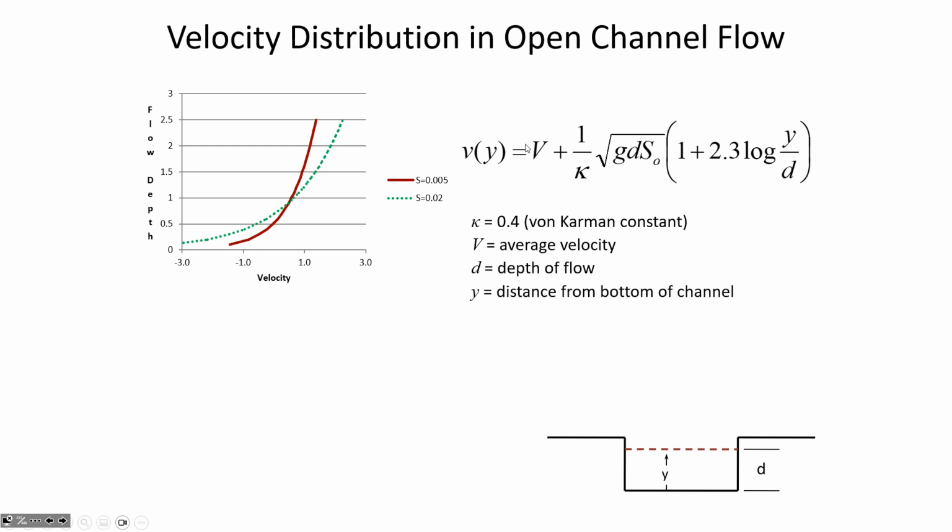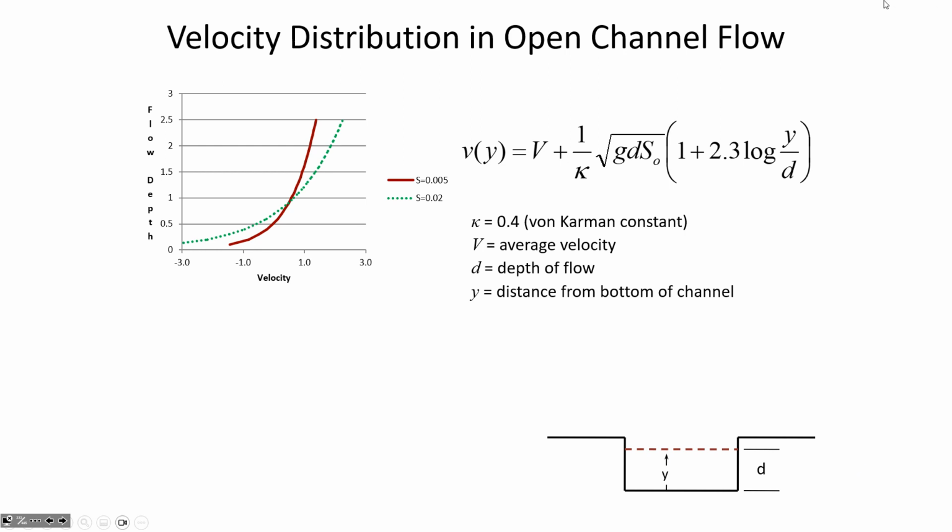So this capital V here is the average velocity. And then based on your distance from the bottom of a channel, Y in this equation is how far up you are from the bottom of the channel, and then D is the overall depth of flow.